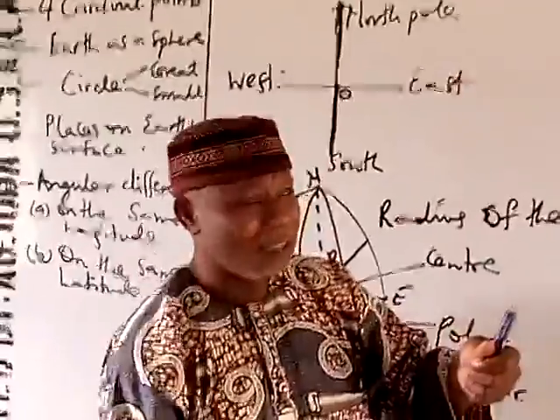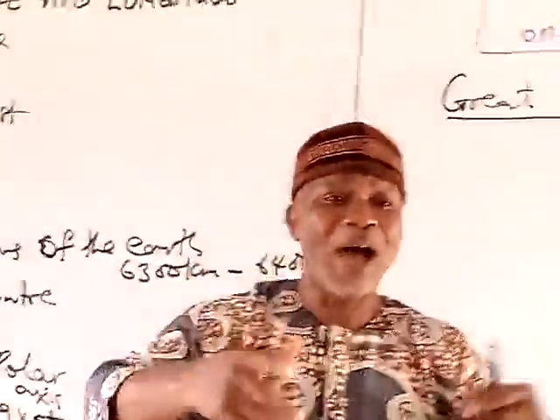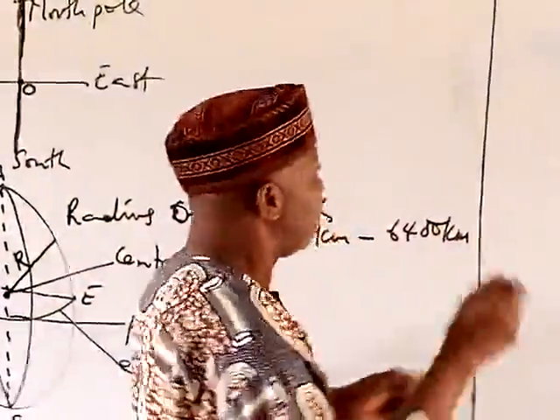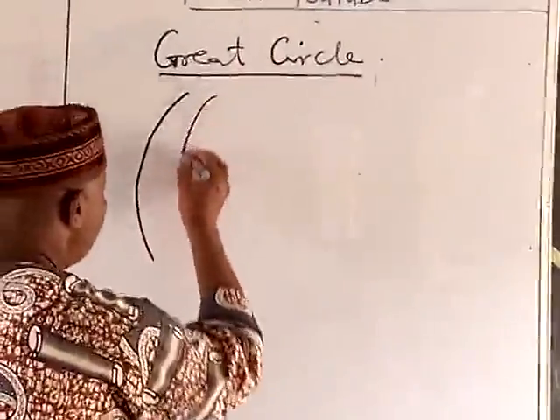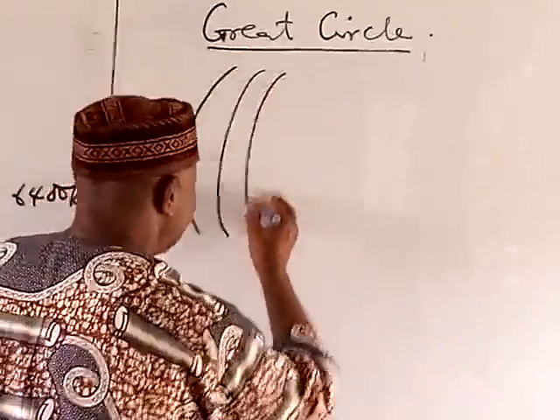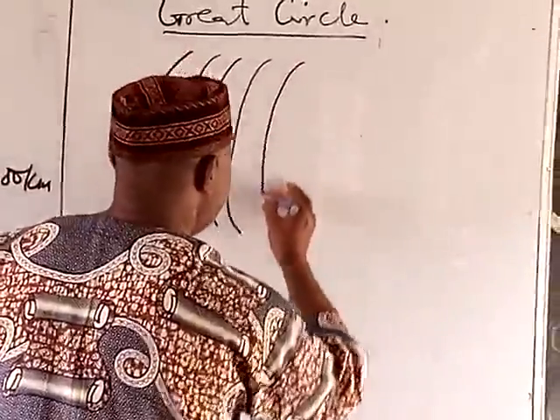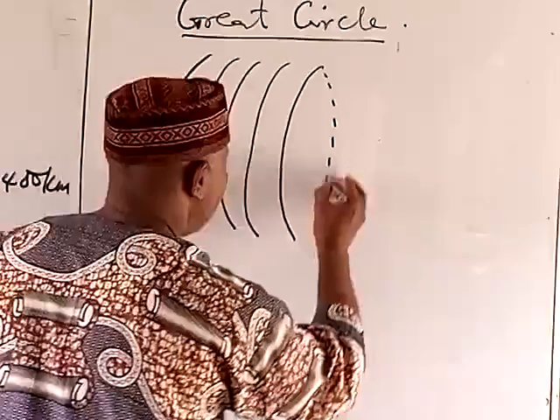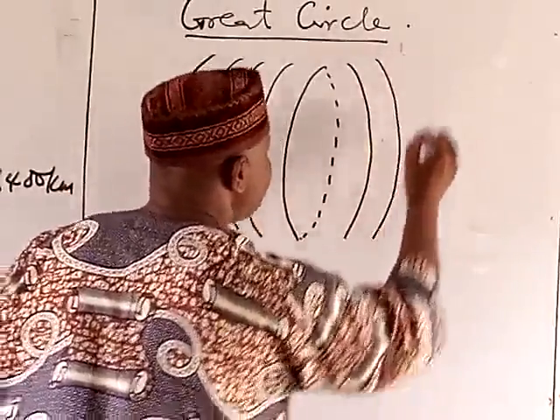The line that you have seen is referred to as the great circle. Like this, you have this. That's the line that you have seen, you have it in this form. It's a great circle.